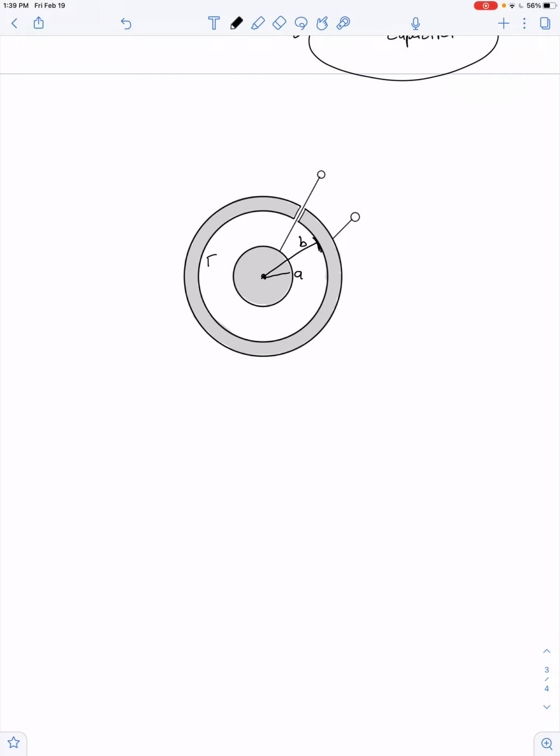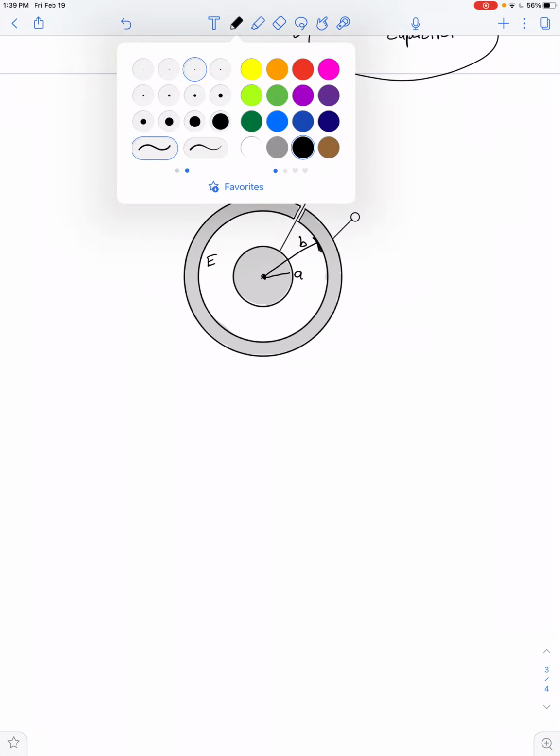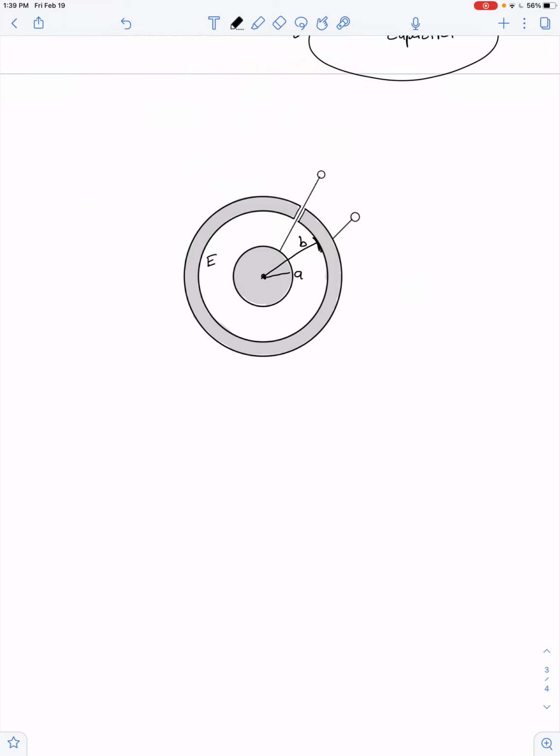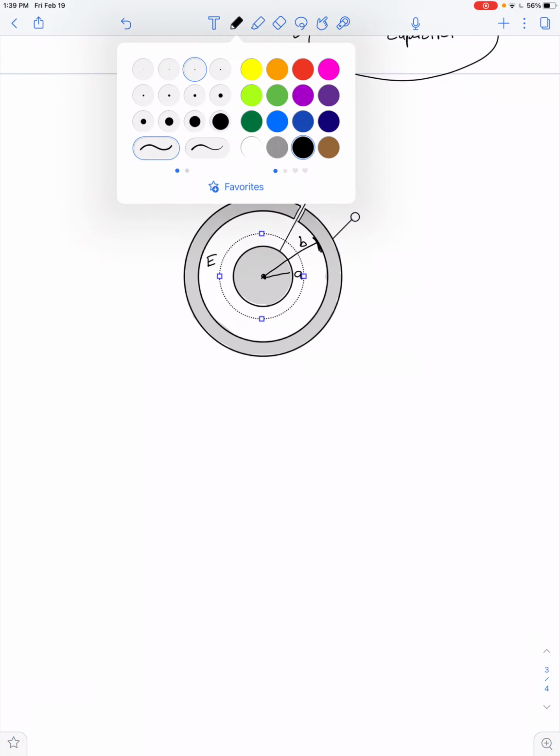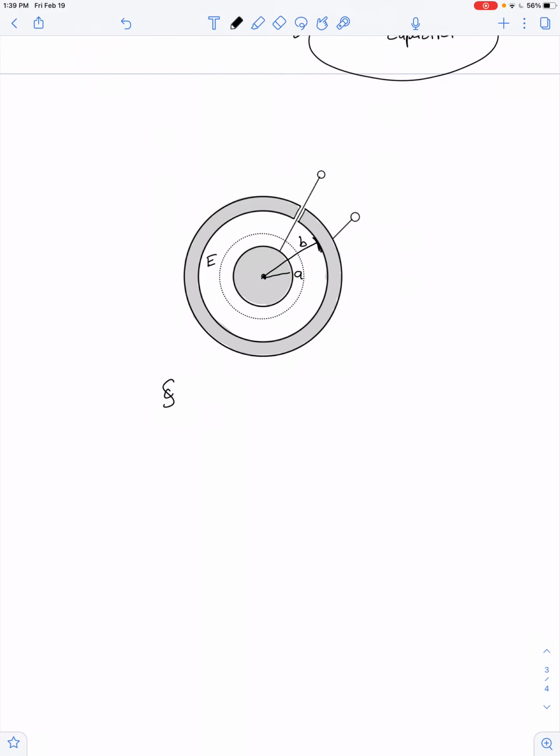If we want to find the electric field in this space, we should make a Gaussian surface whose symmetry matches that of these charged conductors. So that would represent a good Gaussian surface. The total flux through that Gaussian surface is equal to the amount of charge inside that Gaussian surface divided by epsilon naught.